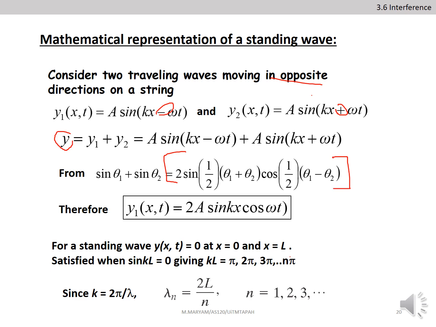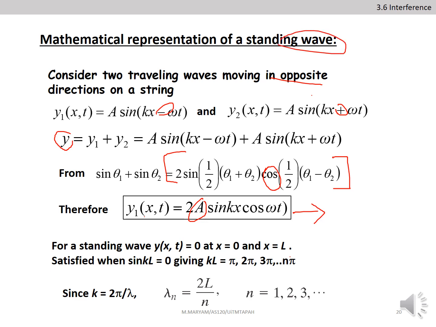Sin θ1 plus sin θ2 equals 2 sin of half (θ1 plus θ2) times cos of half (θ1 minus θ2). So simplifying, we get y in terms of x and t equal to 2A sin kx cos ωt, where 2A is the amplitude. So this is the general equation for a standing wave.